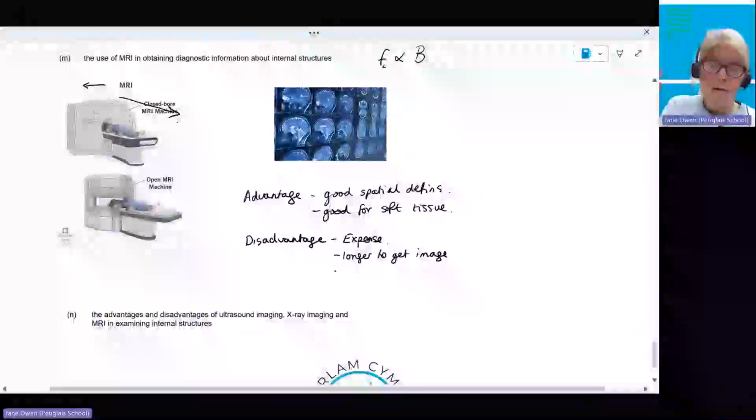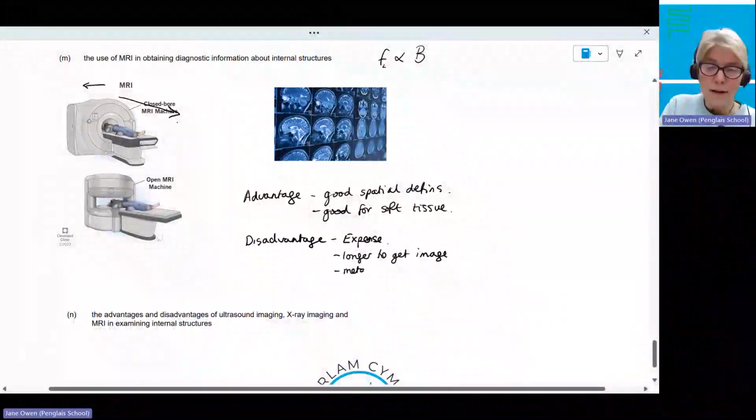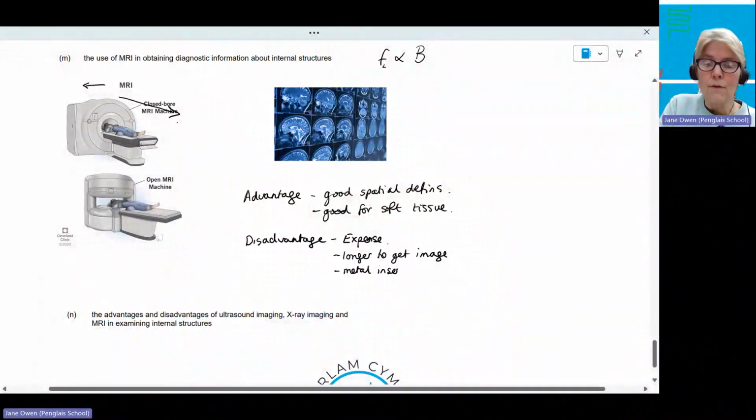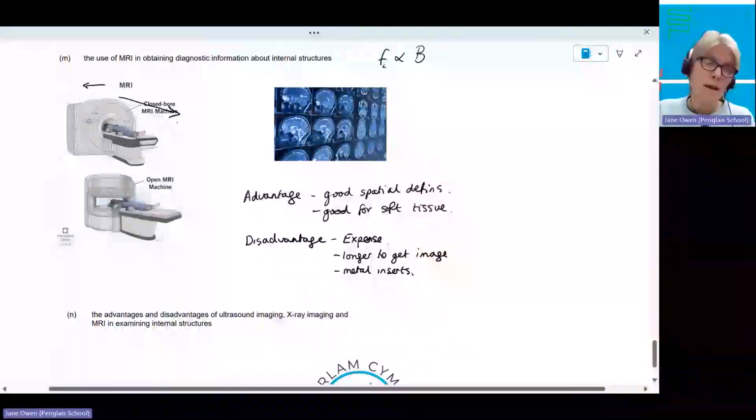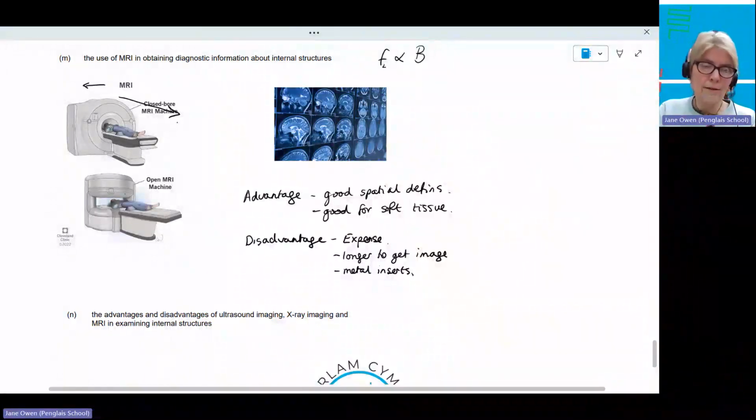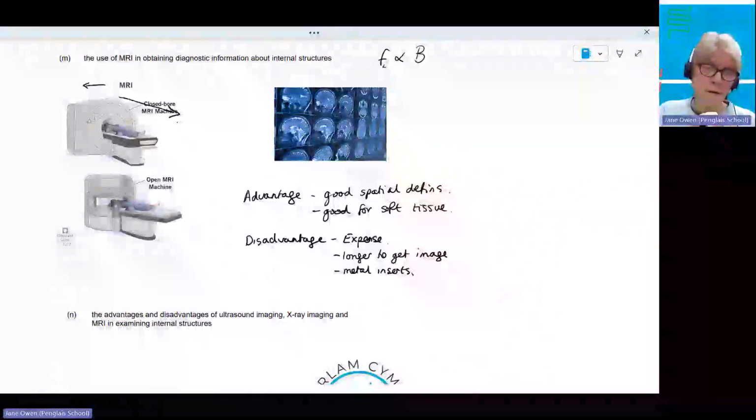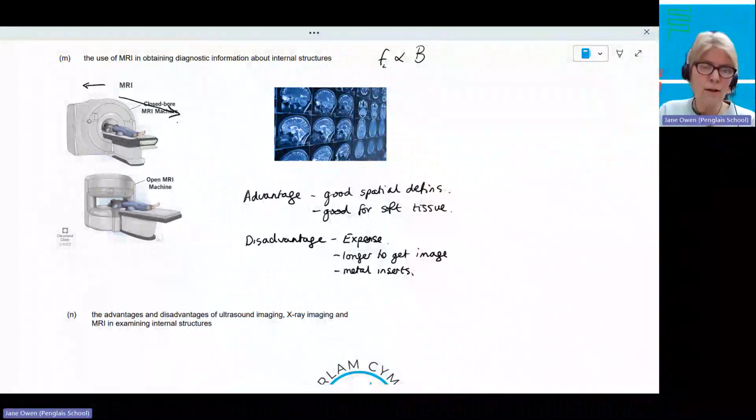We can't use any metal inserts because you have got this very strong magnetic field. And once again, the magnets used, the technology for that came originally from the CERN technology in accelerating electrons.